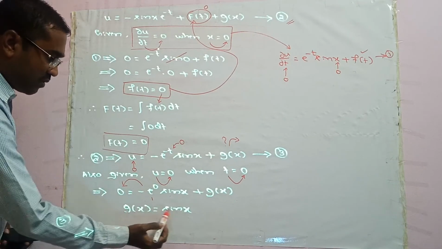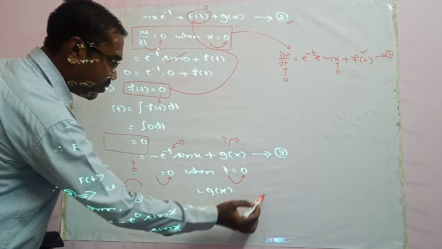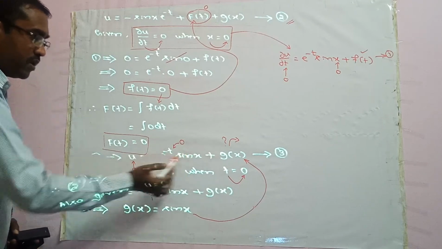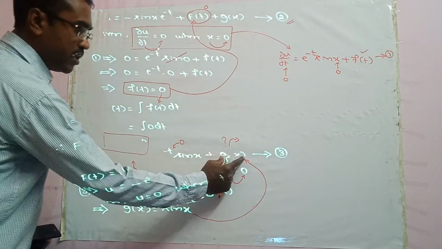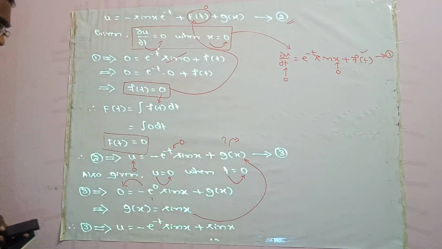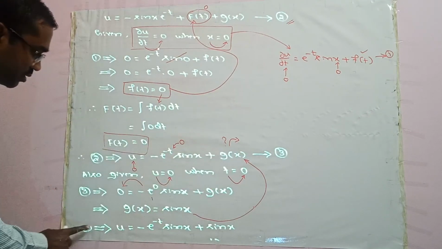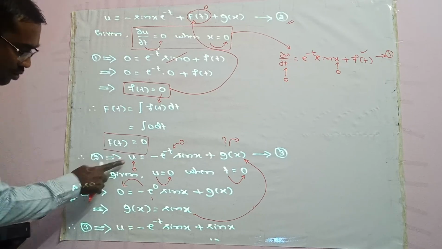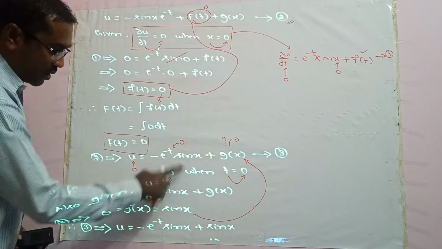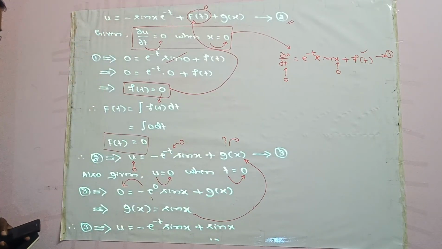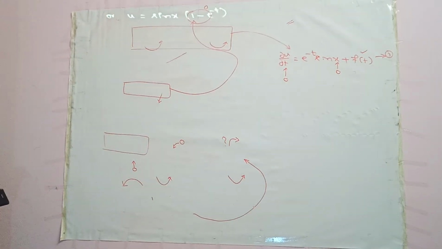So we got the value of g of x also, that has to be replaced in equation number 3 to get our required solution. So in this place we put sin x. Therefore equation 3 implies u is equal to e to the power minus t sin x plus sin x, right? So this completes our solution.